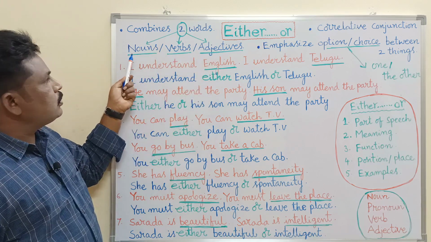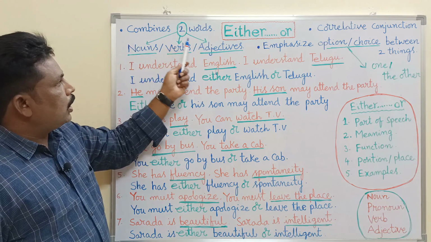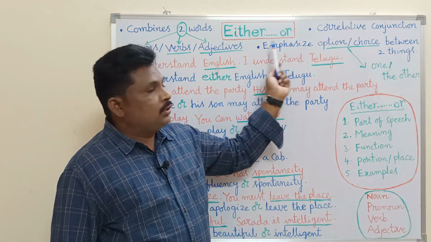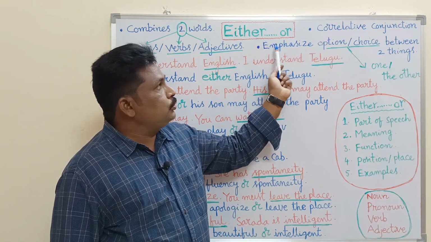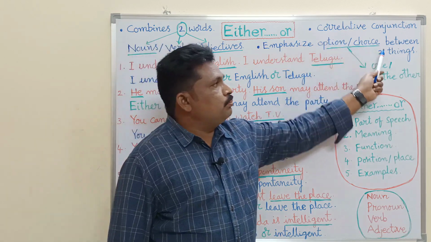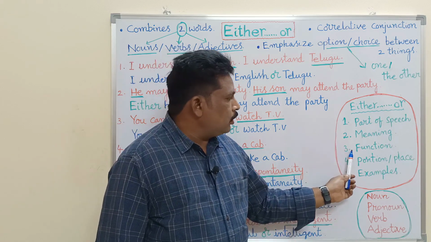Nouns or pronouns, two verbs, or two adjectives. This correlative conjunction is used to emphasize an option or a choice between two things. This is the function of the correlative conjunction.